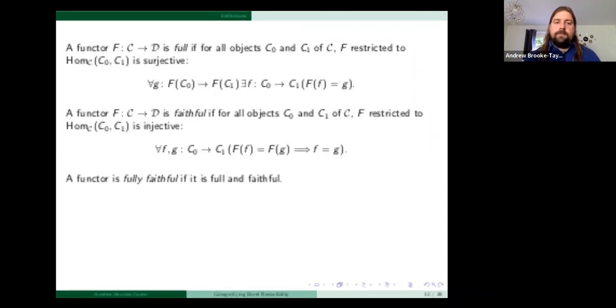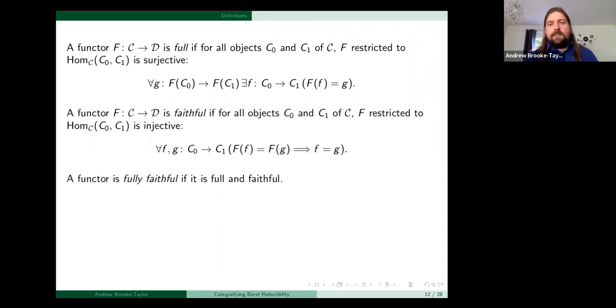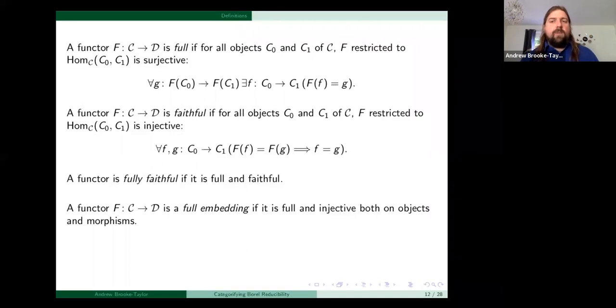And then we have this standard kind of jokey terminology. A functor is fully faithful if it is both full and faithful. And then one step further, we say that a functor is a full embedding if it's full and injective, not just on the morphisms, but also on the objects as well.